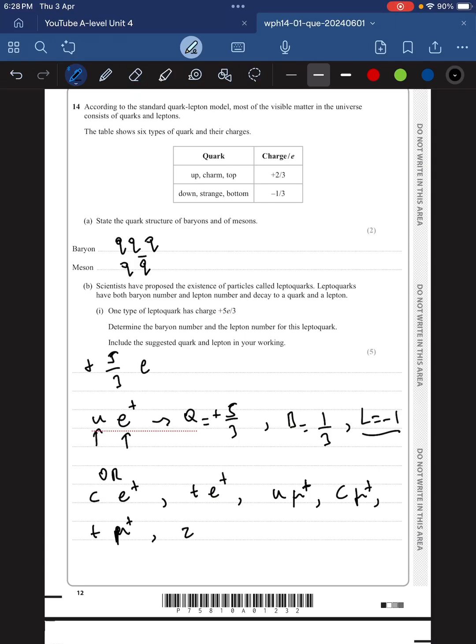I forgot that. And we can also have an up quark with a tau plus, a charm quark with a tau plus, or a top quark with a tau plus. Okay, so these are all the combinations you can have of leptoquarks.